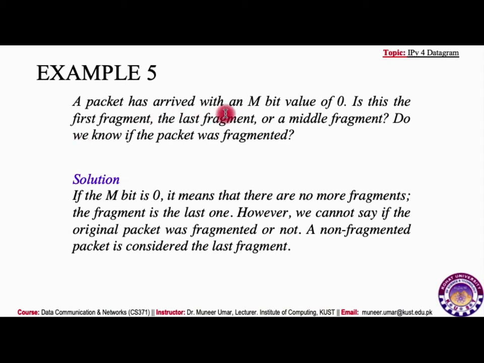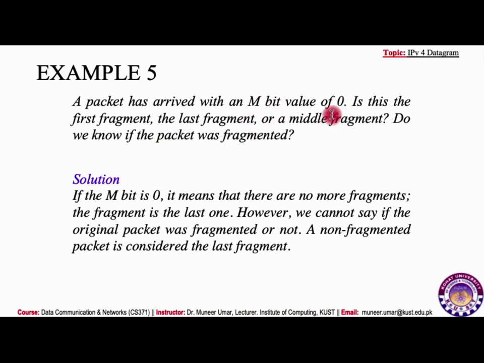A packet has arrived with an M bit value of 0. Is it the first fragment, the last fragment, or a middle fragment? Do we know if the packet was fragmented?